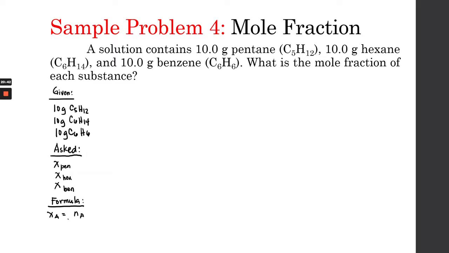The moles of that substance present in the solution, A, divided by the moles of A plus the moles of B, etc. What this means is you have to add all the moles of all the substances present in your solution, no matter how many. In this case you have 3, so that would be nA plus nB plus nC.